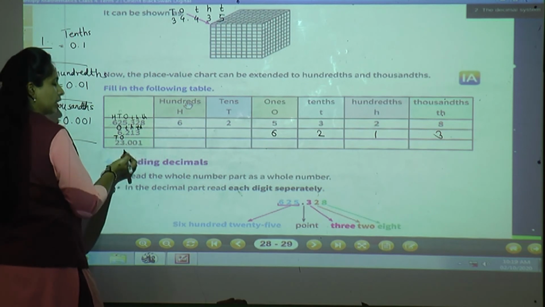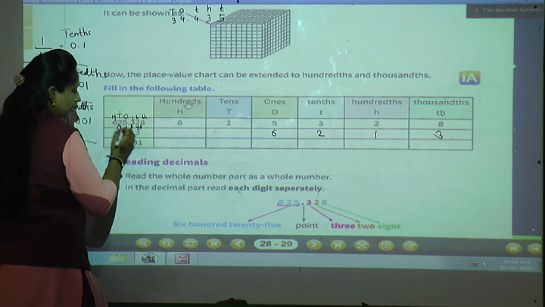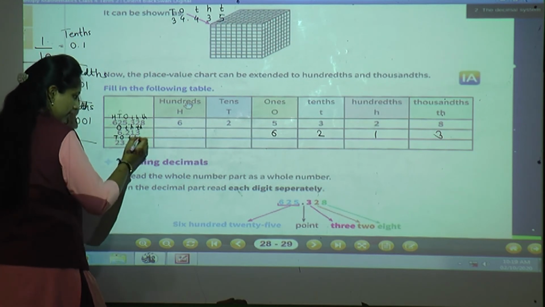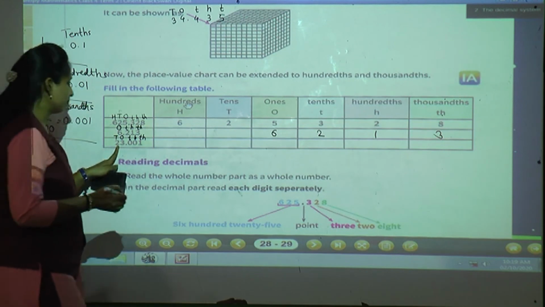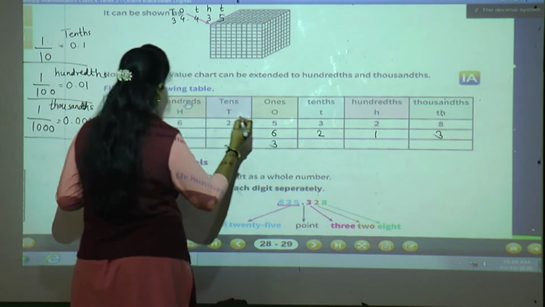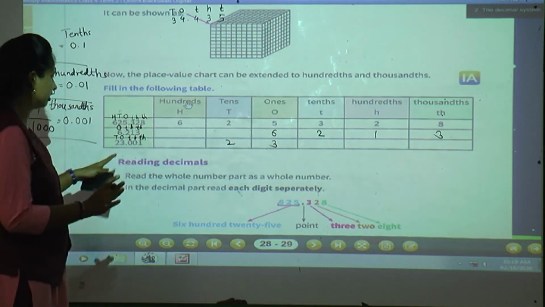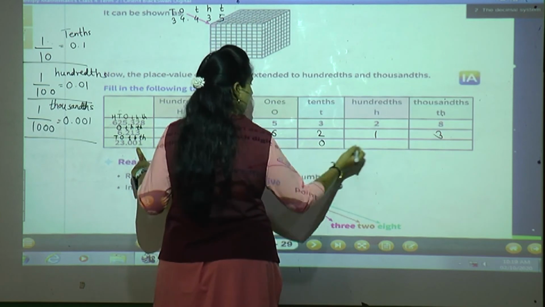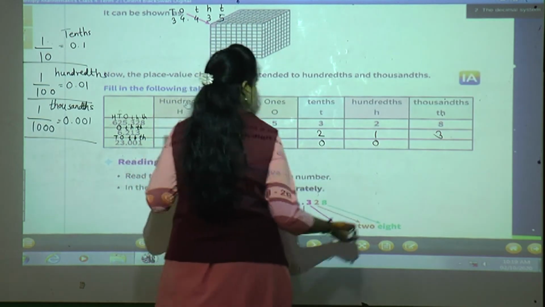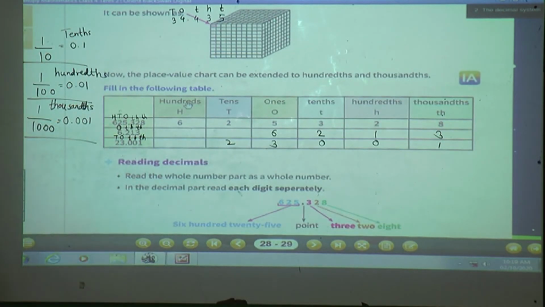After the decimal point, the place values are tenths, hundredths and thousandths. So we place 3 in the ones place, 2 in the tens place, 0 in tenths, 0 in hundredths and 1 in thousandths. Clear till here? Yes? Very good.